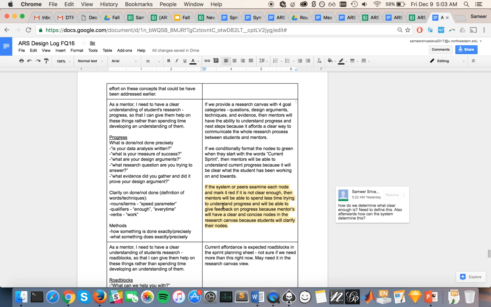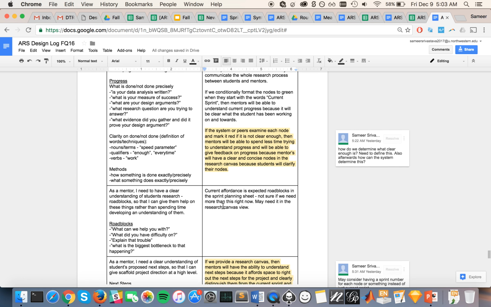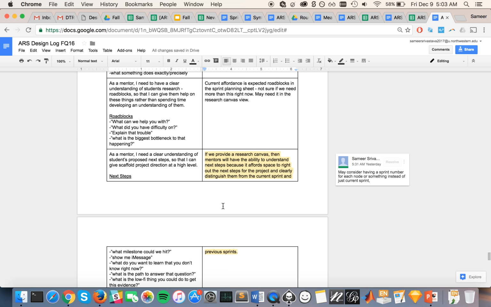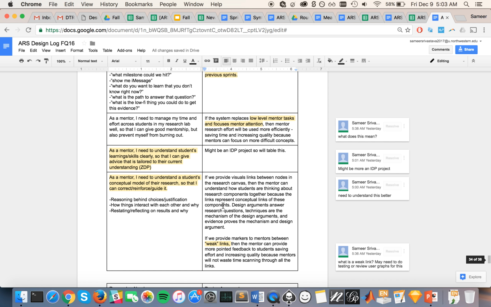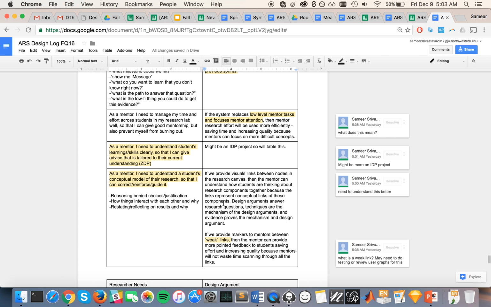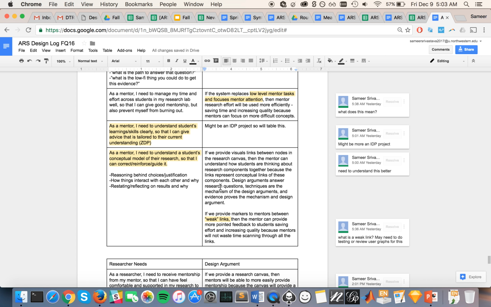Or they'll know that it's not clear and be able to say, hey, that's not clear, how can we fix that. So that was a lot of it as well. Basically replacing low-level mentor tasks, and providing a conceptual model for the student and the mentor to talk about their research goals before they plan.